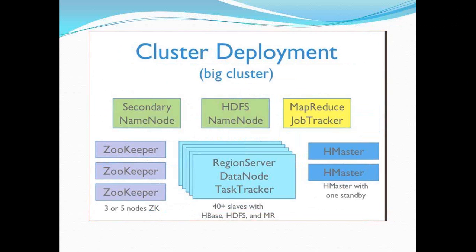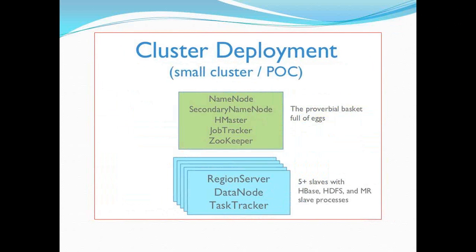These are just some high level numbers or key processes in a part of a big cluster: zookeepers, secondary name node, HDFS, MapReduce. But at an HBase level, because HBase and Hadoop MapReduce are used very closely, it just talks about some of those details at a high level. For a smaller cluster, you will decrease the overall numbers of these key master slave processes which are running.